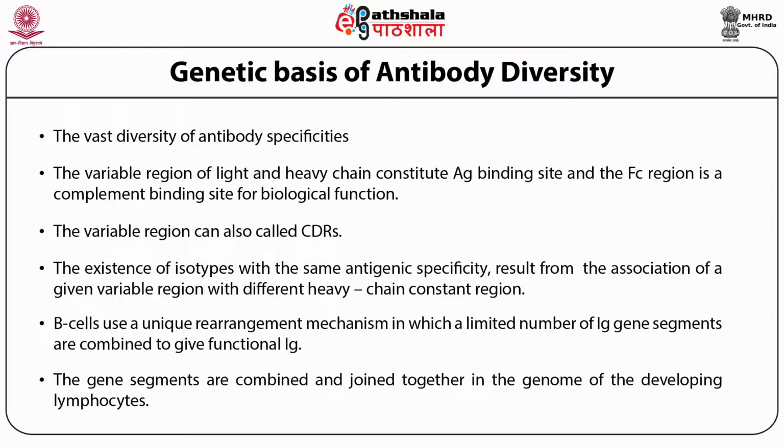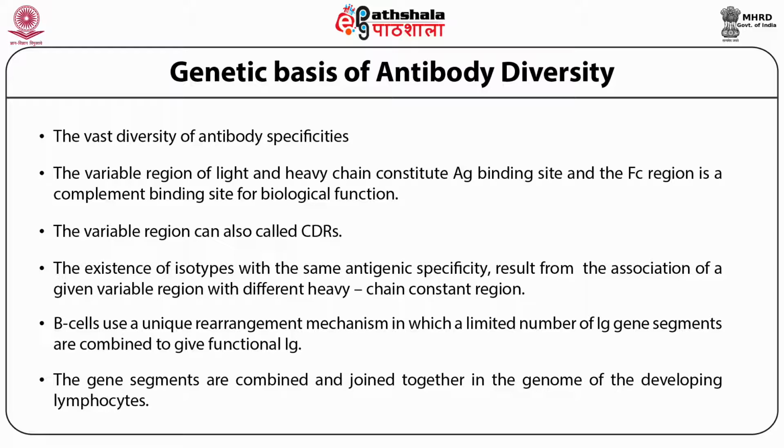Similarly, the gene segments for the heavy chain are located on different chromosomes. They all move across the chromosome and combine, and the three gene segments come close to each other and give rise to a functional heavy chain.